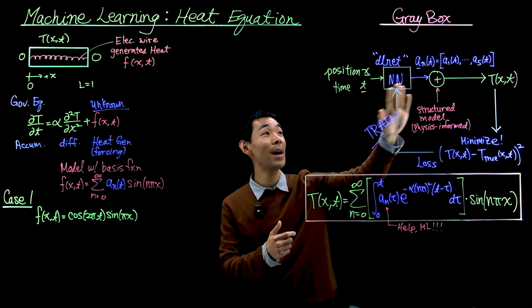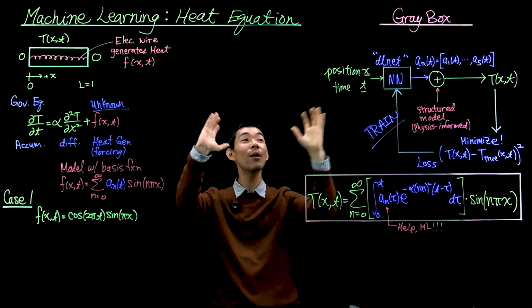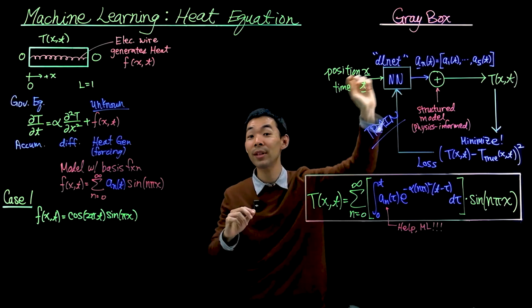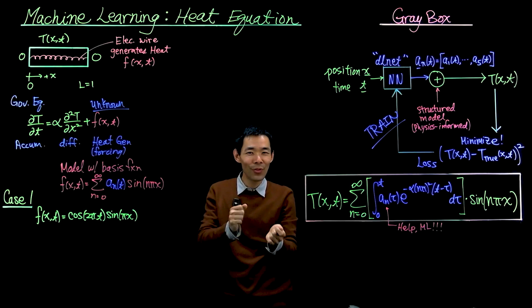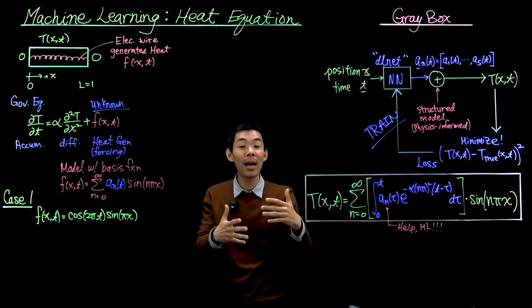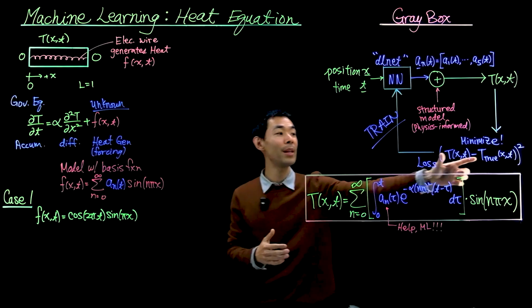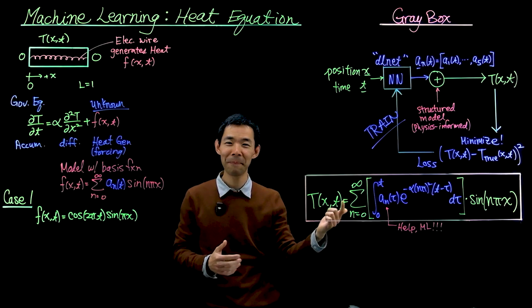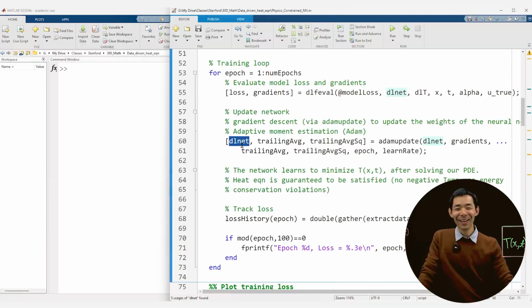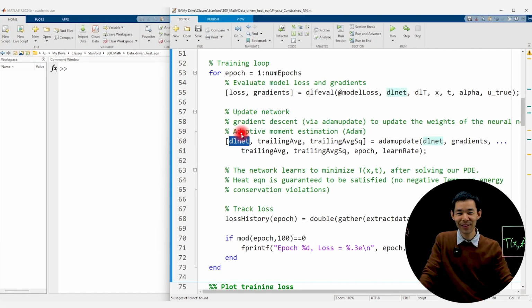Boom, it's going to feed back into DLnet, and that's how it's updating all the parameters, and it knows how it should change the neural network parameters such that I am closer to minimizing this overall loss. That's what this is doing. Pretty cool. Okay, so now it's updating this neural network, and then it's just looping.